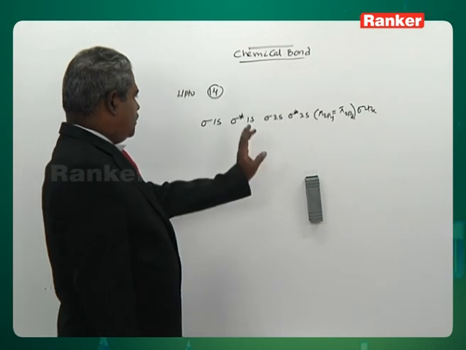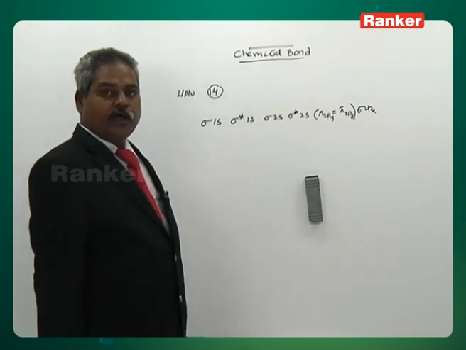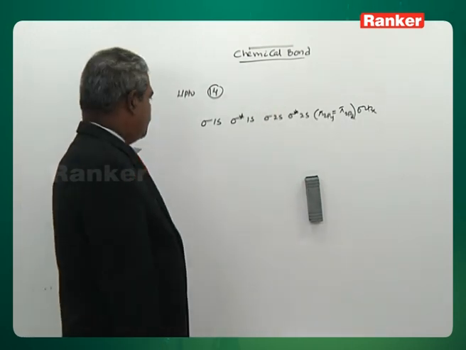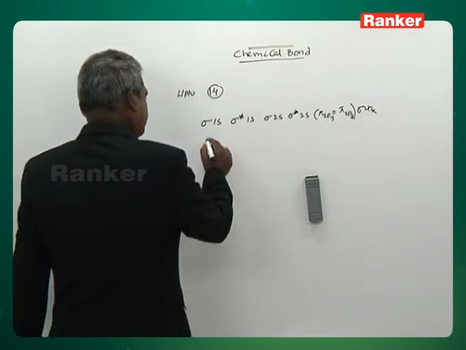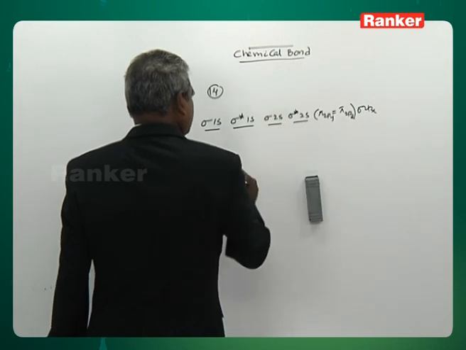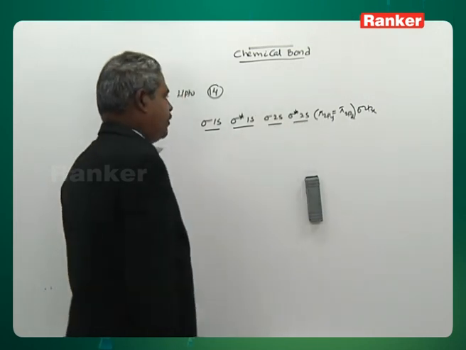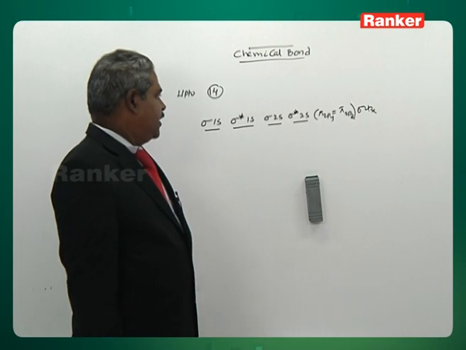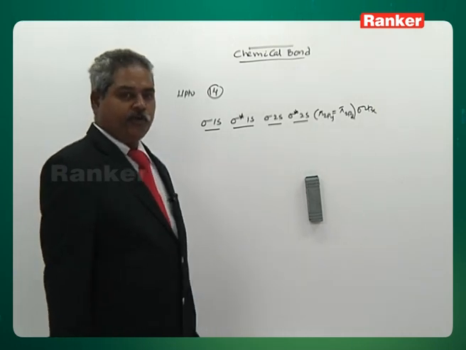So up to 14, this is how you have to arrange the electrons. First two electrons here, next two, next two, next two. So 8 electrons have been properly distributed.